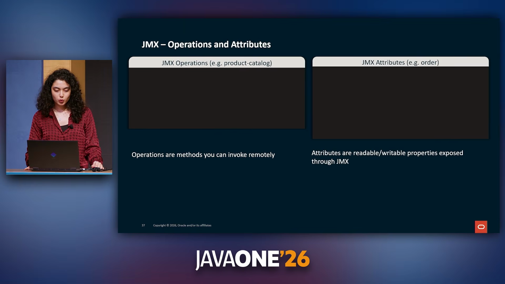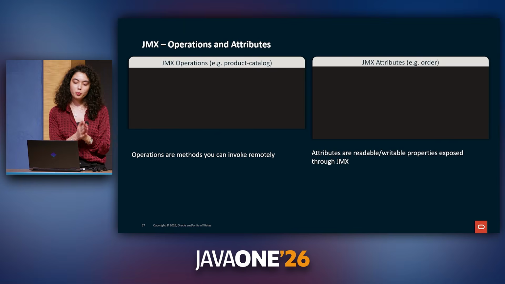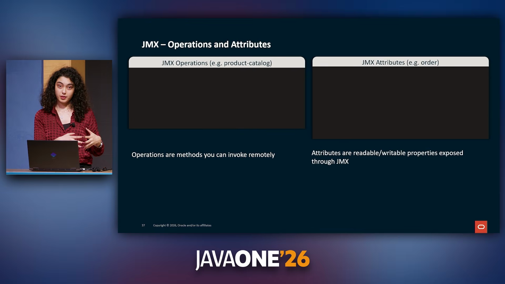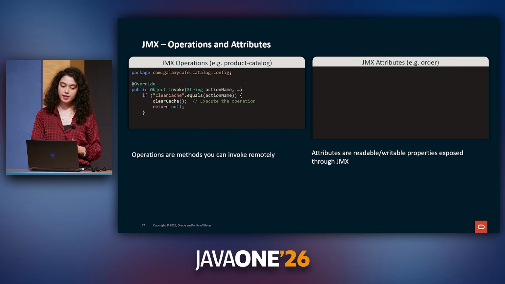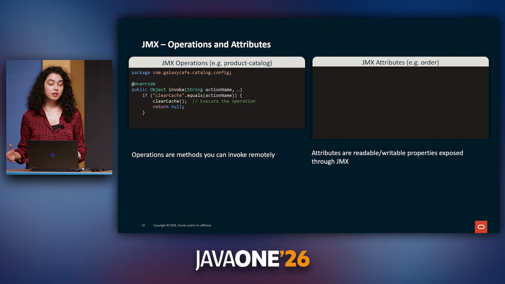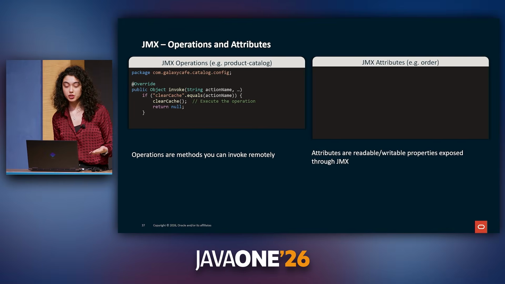Operations and attributes. We said operations are the methods that perform some tasks or actions. To do that, we should override a method called invoke so that we can invoke it remotely. And we mentioned that we can maybe clear the cache.